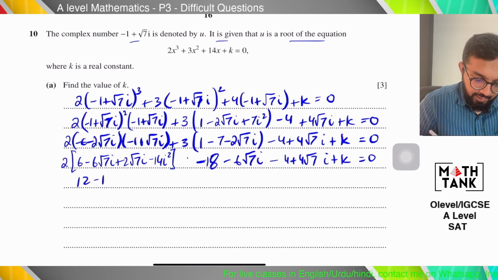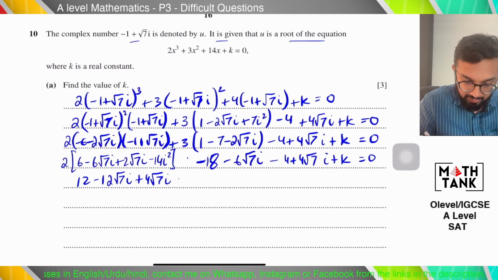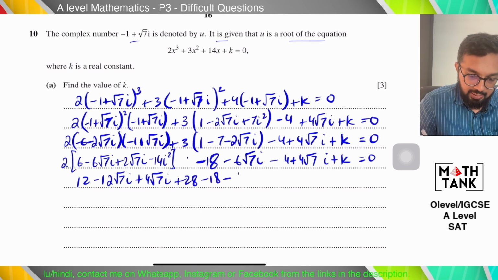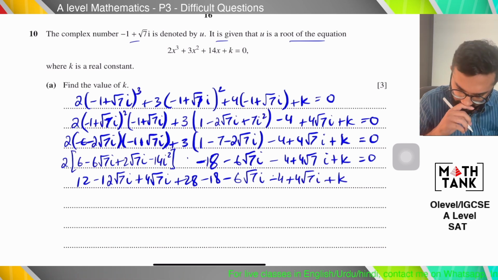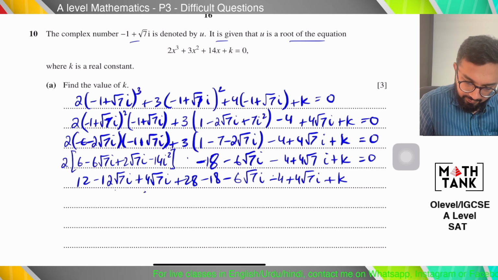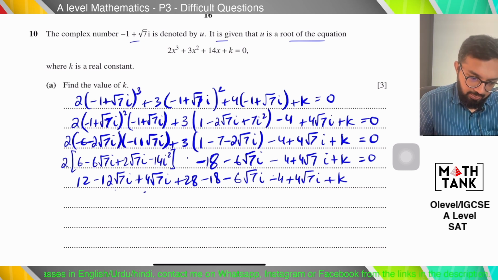Okay, so 12 minus 12 root 7i plus 4 root 7i plus 14 plus 28, minus 18 minus 6 root 7i, minus 4 plus 4 root 7i plus k. Okay, so I'm getting minus 8 from here and minus 2. So I must have made a mistake somewhere.